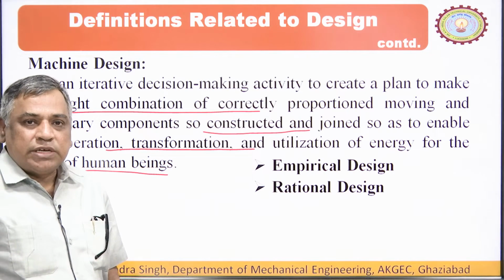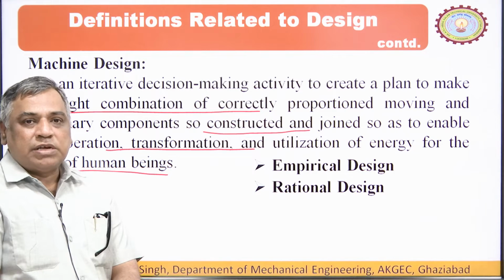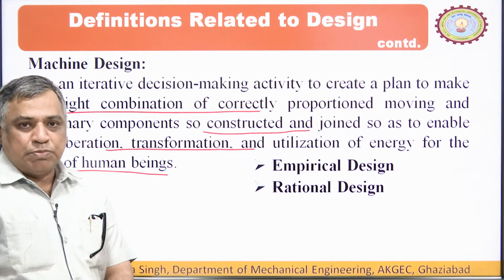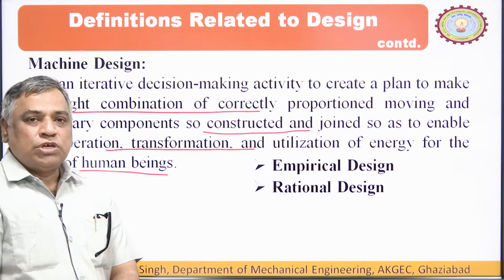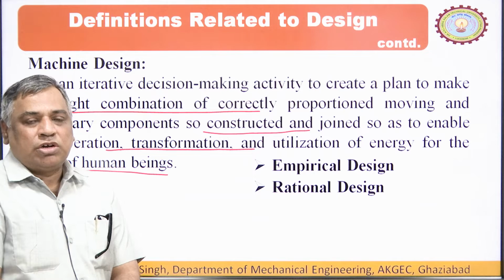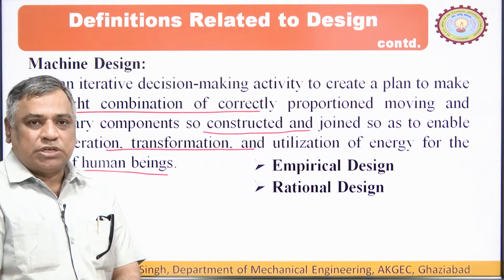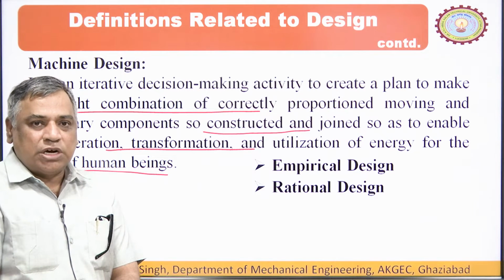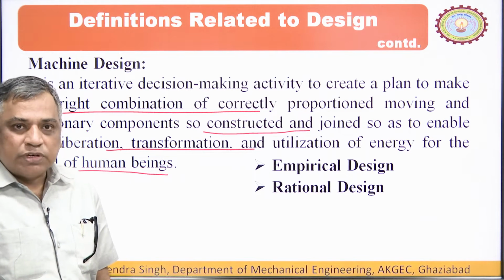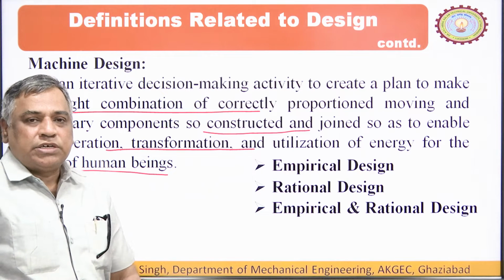Then the rational design: if a design is supported by mathematical analysis using the strength of materials background, optimization, etcetera, that is called the rational design. The third category of design is the empirical and rational design.